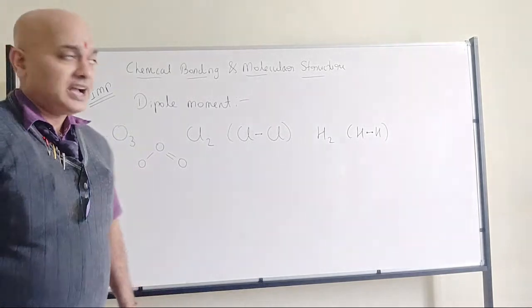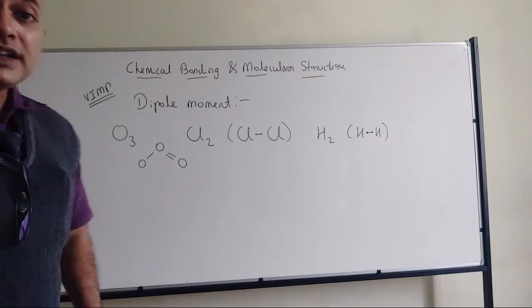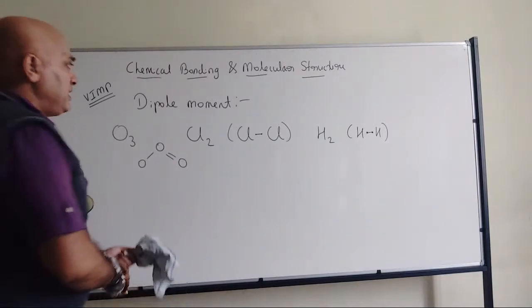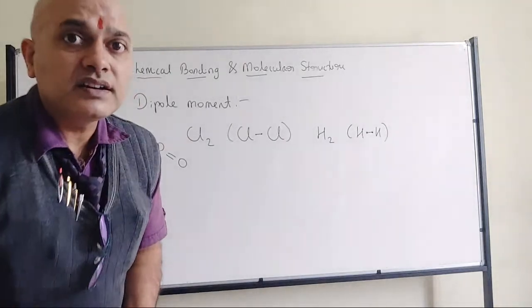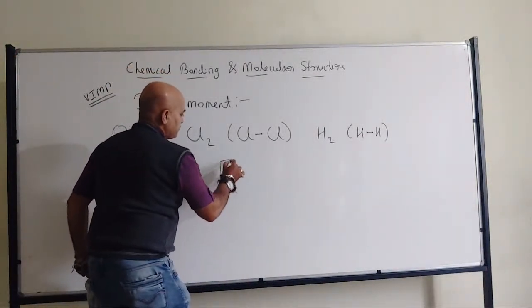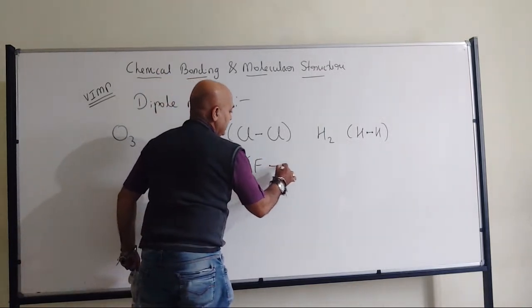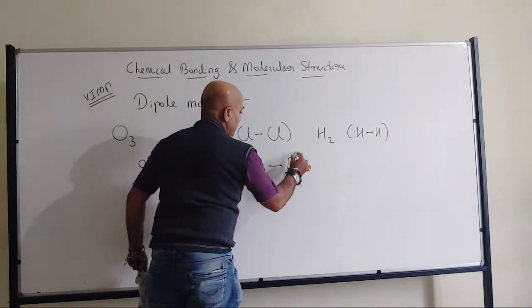Okay, Rakesh, I will give another example. When I am talking about chlorine, there will be sharing of electrons; hydrogen, there will be sharing of electrons. Any element you take, for example fluorine, where two fluorine atoms are sharing the electron.